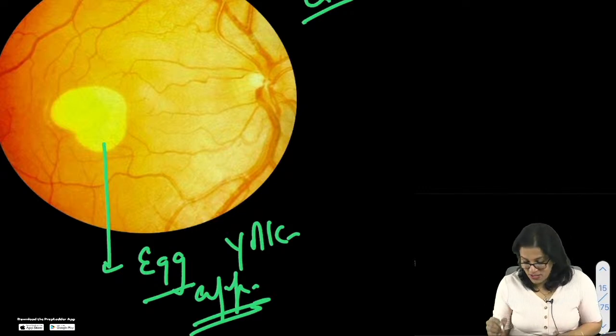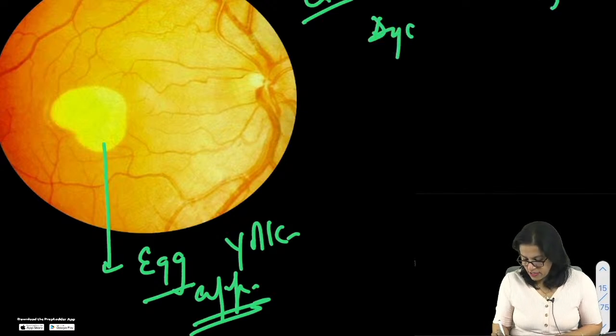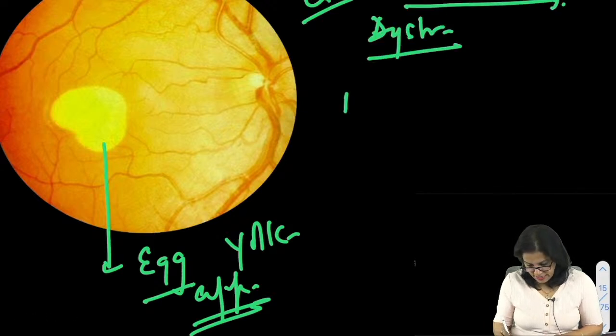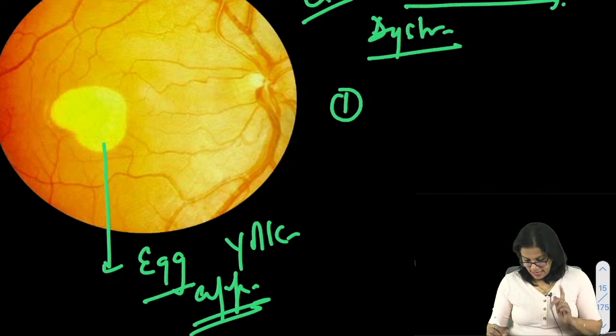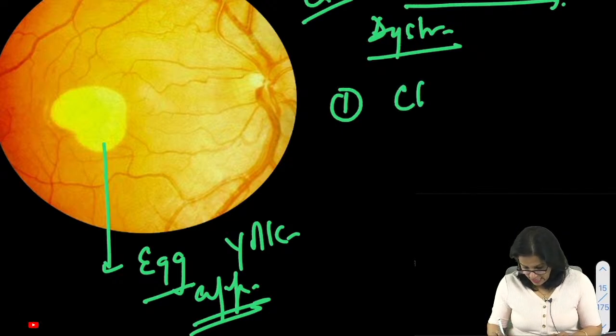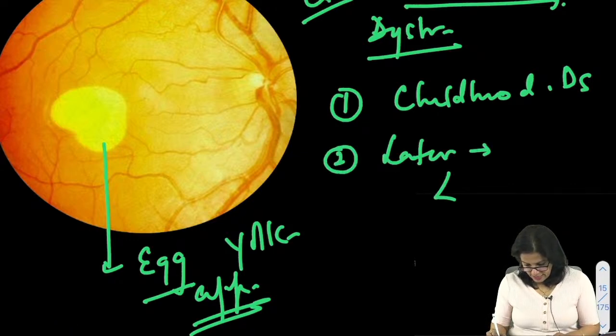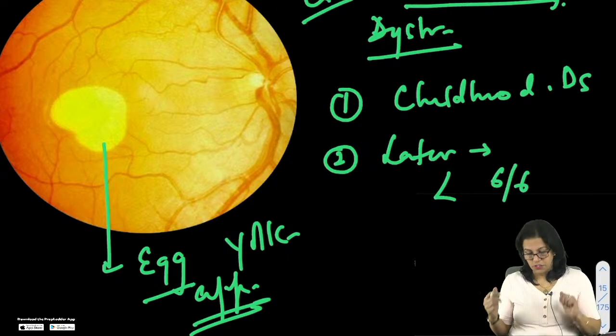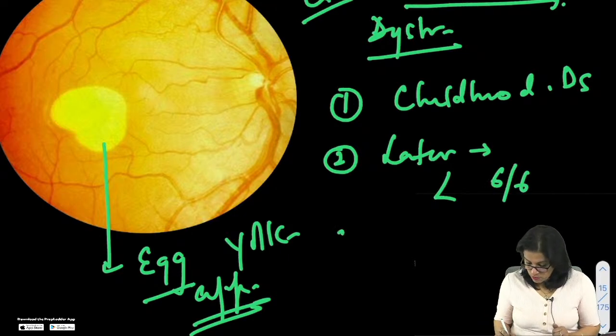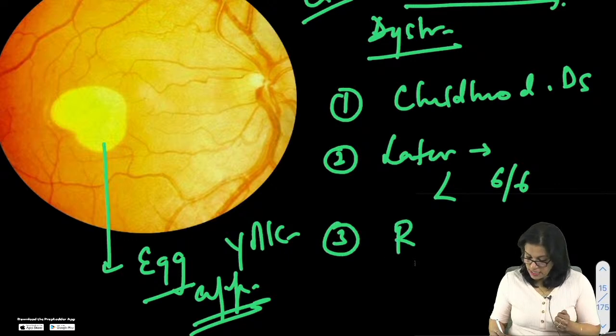It's a name. So it's Best vitelliform dystrophy. Again, a childhood disease, but vision will go down in the later stage only, to less than 6/60. What is egg yolk again? The lipofuscin. It is autosomal dominant and it's an RPE dystrophy again.